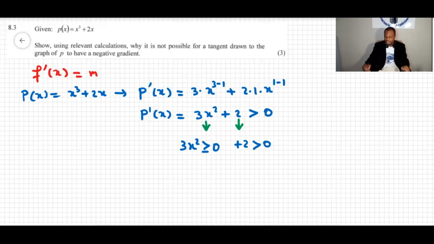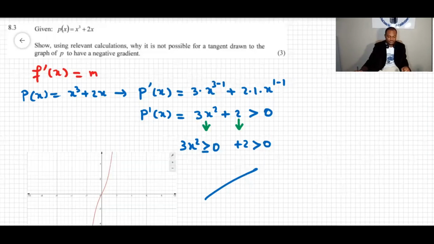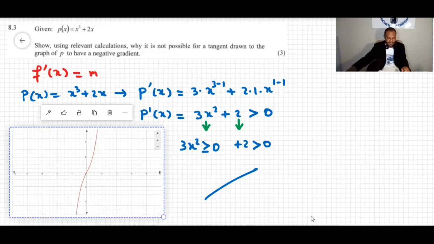And we do know that when the gradient is positive, it means the tangent line is increasing. Okay, it's going to be of this form. Let me give you an idea of how it looks in the graph of P of x. Let's say P of x is drawn as you can see there.